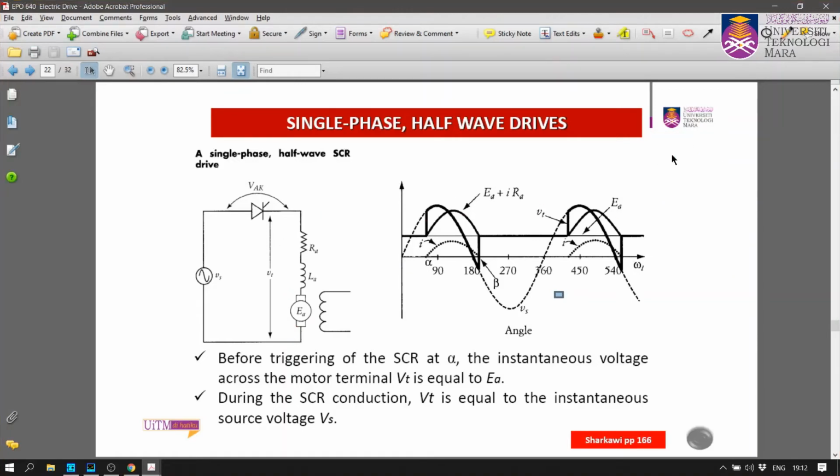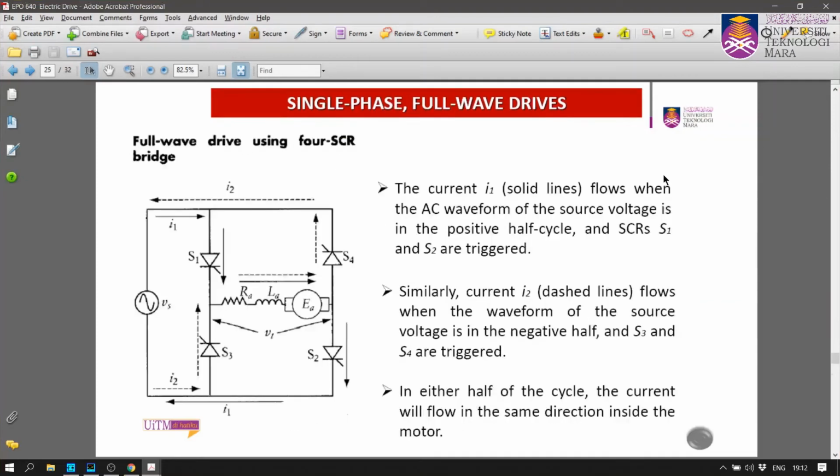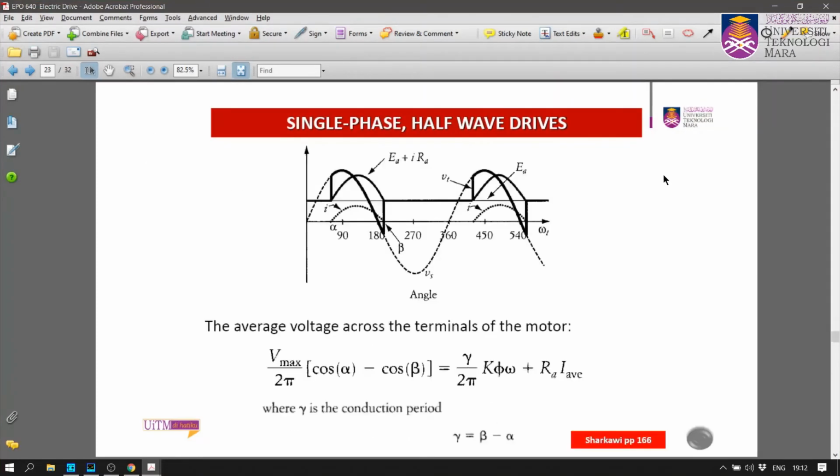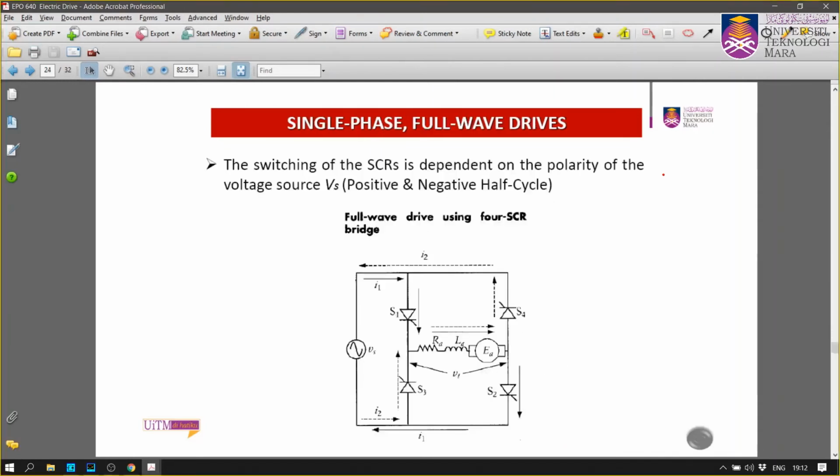But if you talk about full wave, okay, full wave, normally it will be drawn in terms of that connection, isn't it? This is the rather common drawing of full wave.